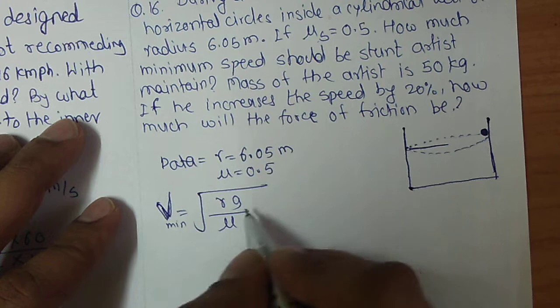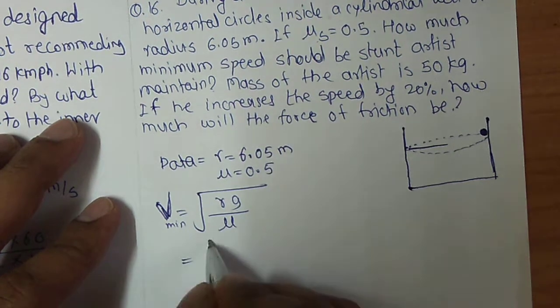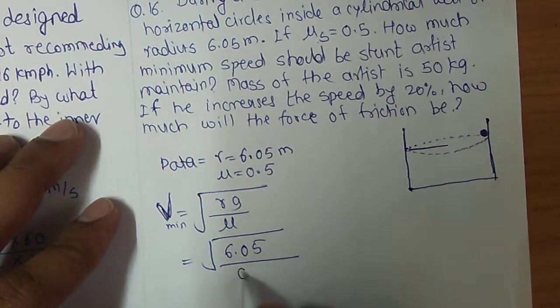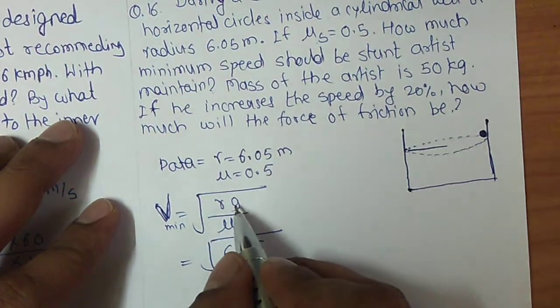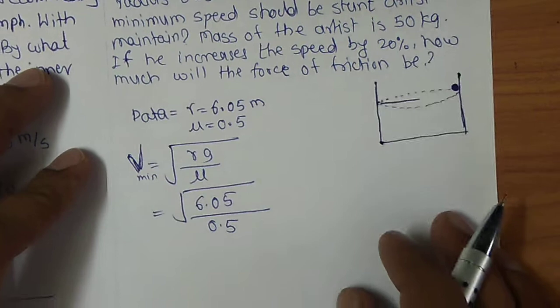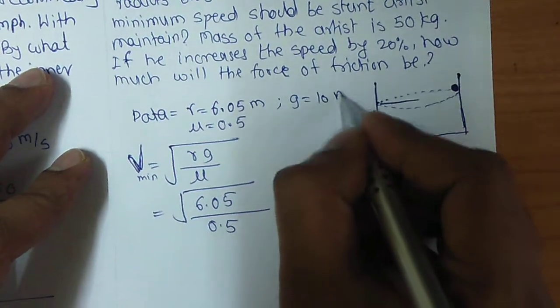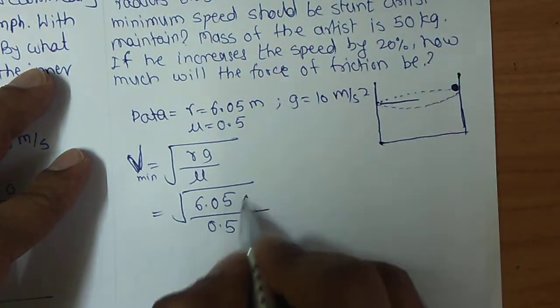Okay, now radius is given to you, so that is 6.05, divided by mu, that is 0.5. For simplicity we will consider g as 10 meter per second square. So into 10.